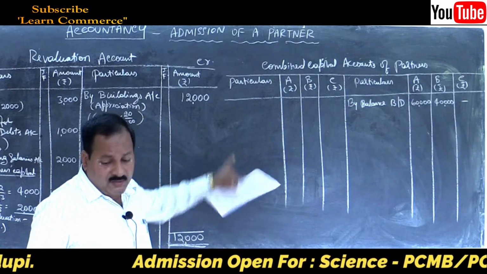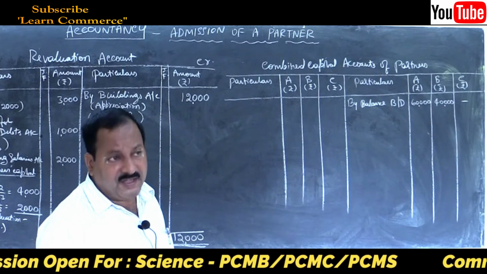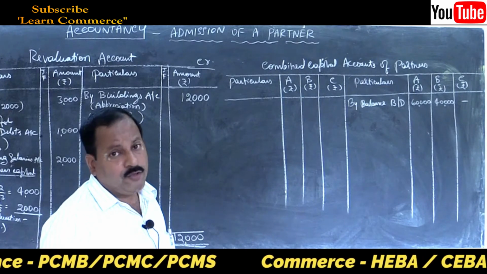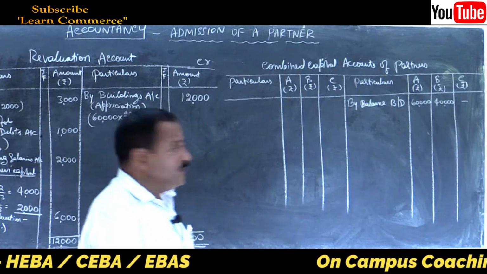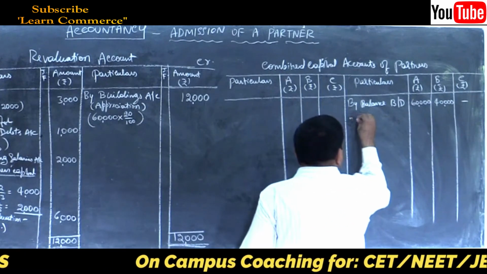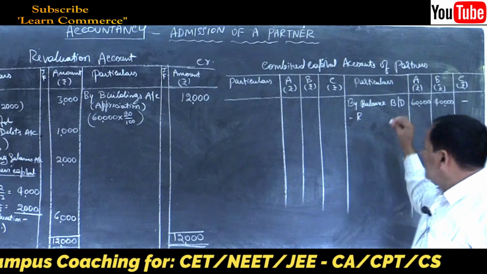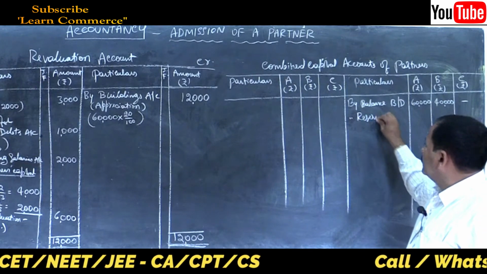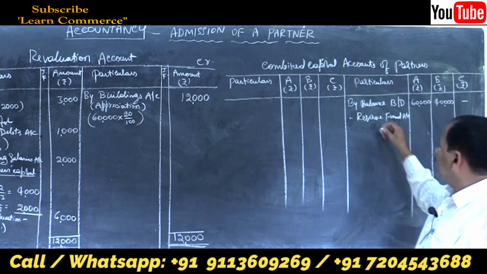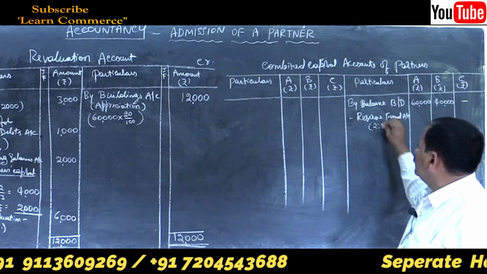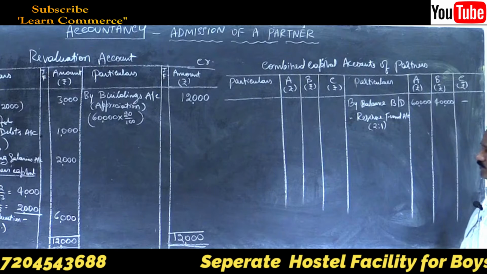If you refer to the liability side, there is a reserve fund, an accumulated reserve. It should be distributed among old partners in their old ratio. So give credit by reserve fund account, ratio 2:1, old ratio.